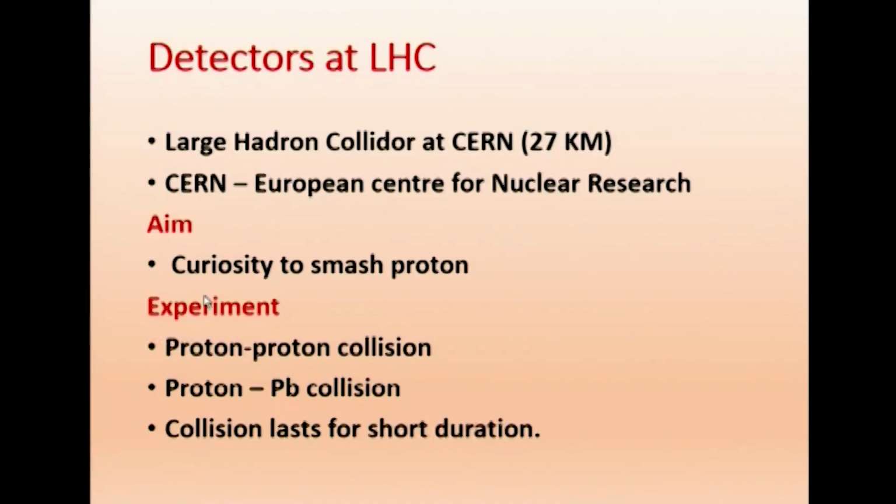If we take sodium chloride and break it, we get sodium and chlorine, Na plus and Cl minus. Similarly, if you break a nucleus, we get fission energy. Now they want to break the proton and see what happens. For this, very large energy is required. That is what is done at the LHC, just for curiosity.